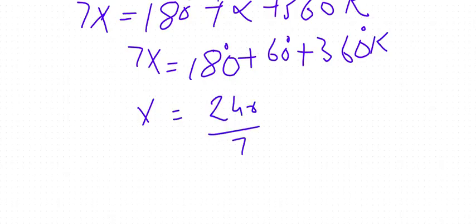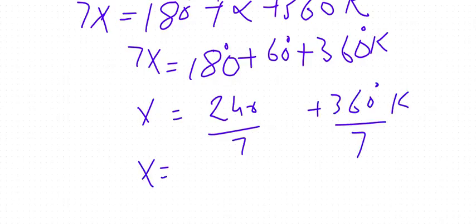So x equals 240 by 7, which is approximately 34.29.